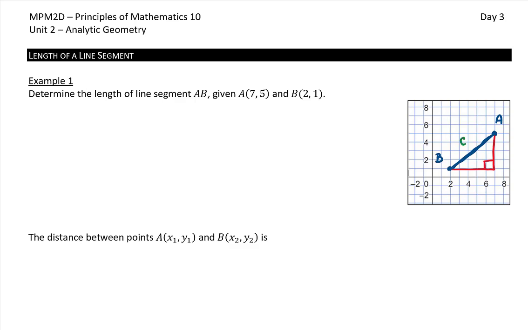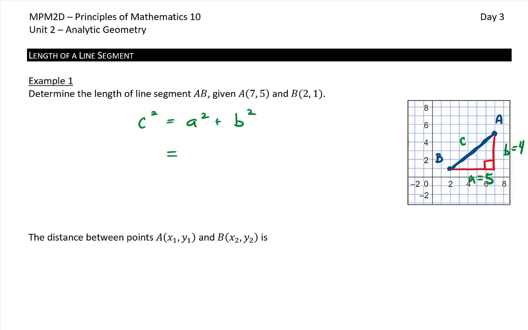So let's call this side C, call this side A, and call this side B. Just by counting the squares, we see that side A is 5 units in length, side B is 4 units in length. So using Pythagorean's theorem, we know that C squared is equal to A squared plus B squared.